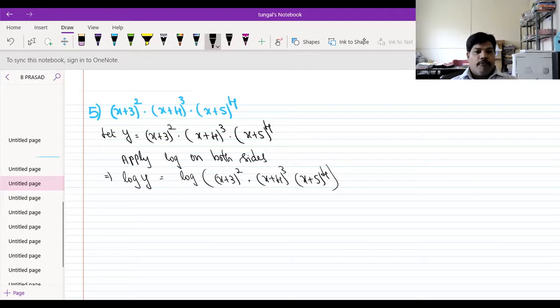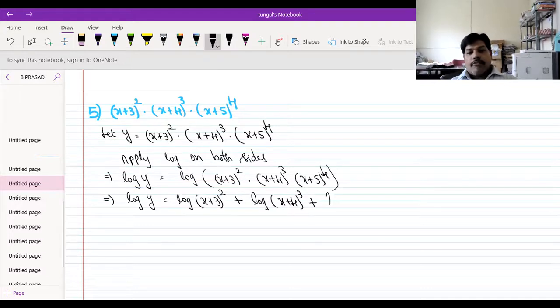So that implies log y is equal to log xyz. Already you know that, log xyz you can write as log of x plus 3 whole square, plus log of x plus 4 whole cube, plus log of x plus 5 whole power 4.